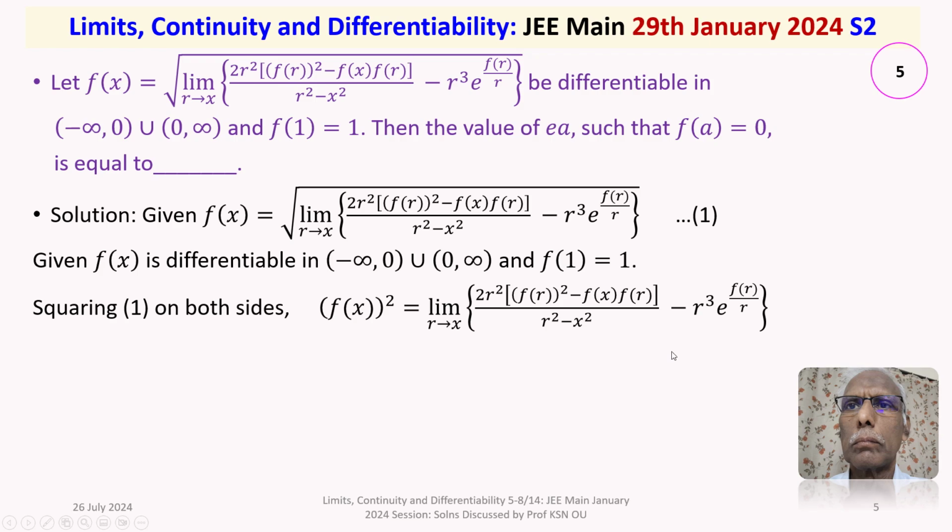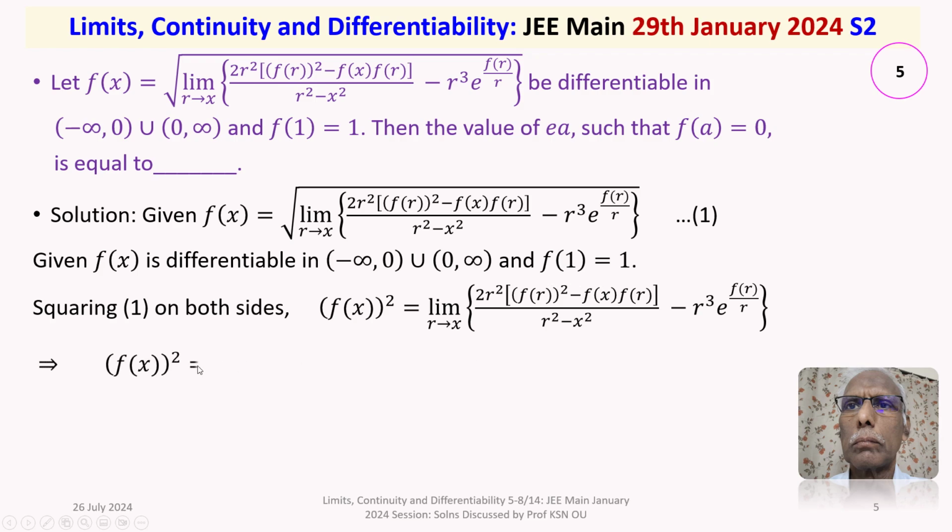Right. Now what we do is we separate the terms. So limit r tends to x of 2r square into f of r. From these, one f of r is taken common, 2r square f of r by r square minus x square, r plus x into r minus x, one r plus x we will write here, and r minus x in the next term.